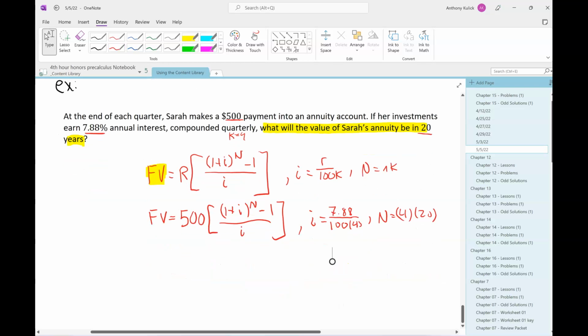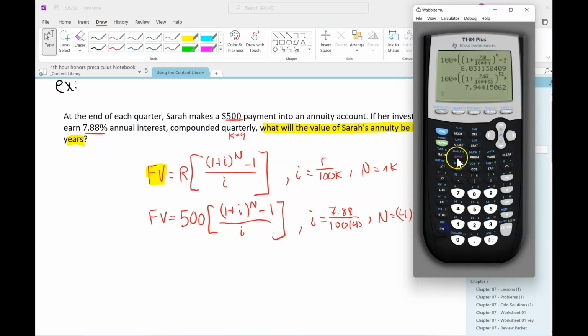Okay. So it's calculator time now. This is one where you definitely would want to use your fraction command.